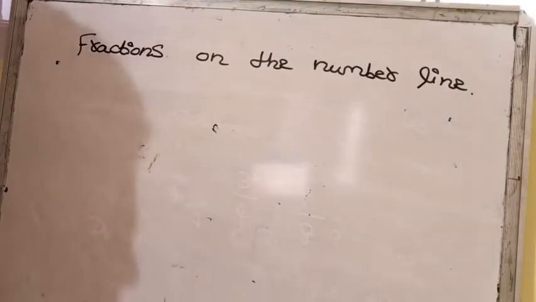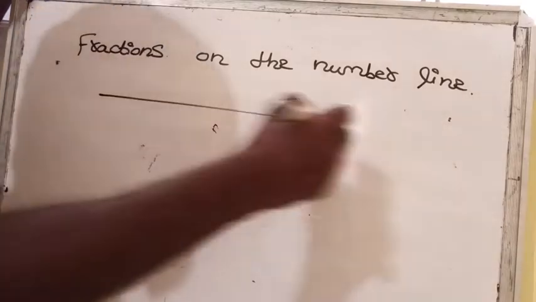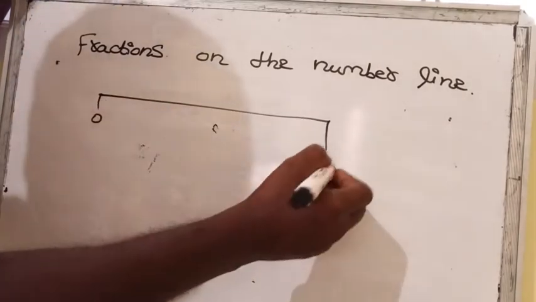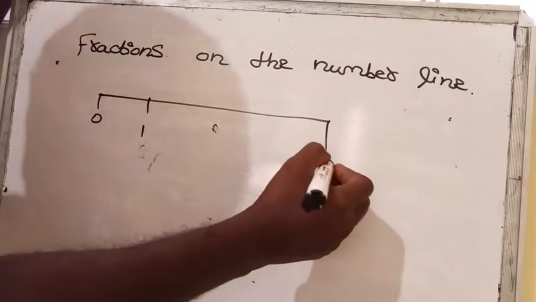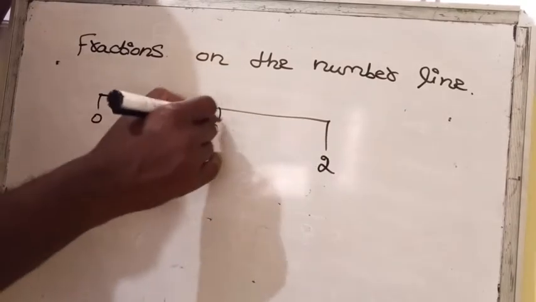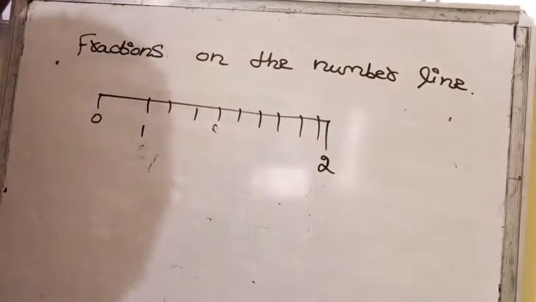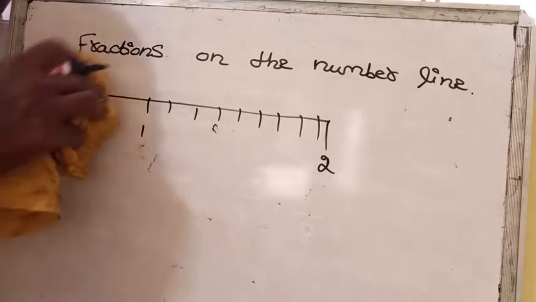We can divide the line segment between two whole numbers. Suppose it's the line segment 0 to 1 or 1 to 2. You can divide it into as many parts as you want. That means fractions on the number line.